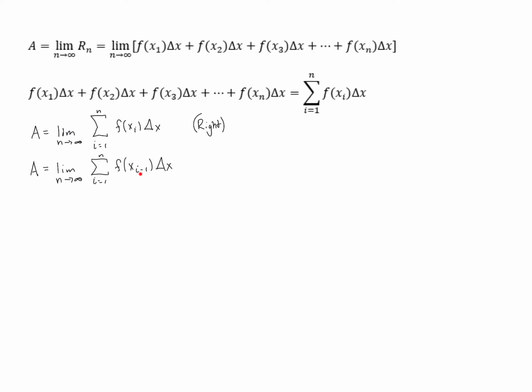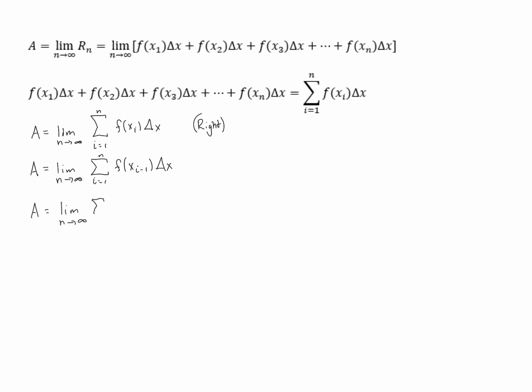If we decrease 1 from the subscript there, that moves over to the left one, and we're looking at the left side of each of those little subintervals instead of the right ones. But we also said more generally that the area was equal to the limit using any sample points.